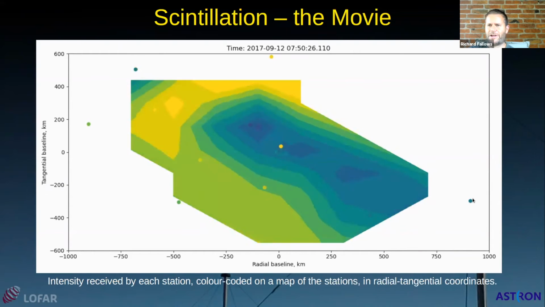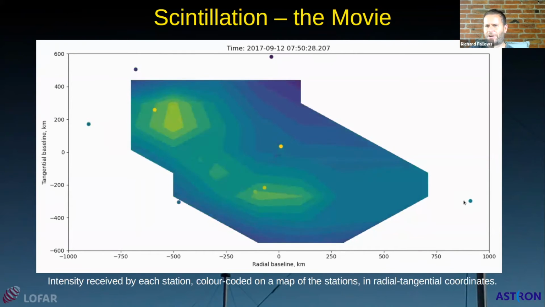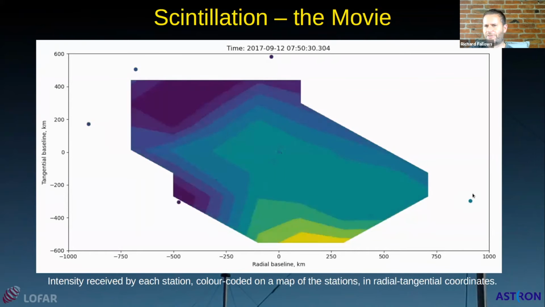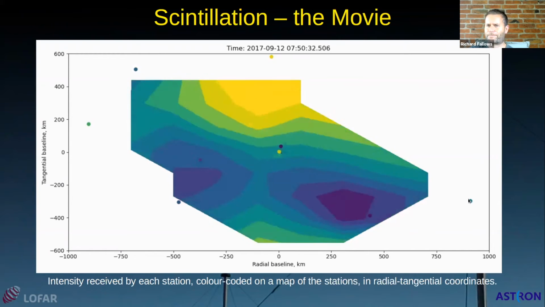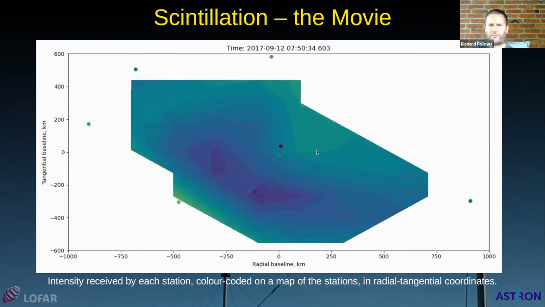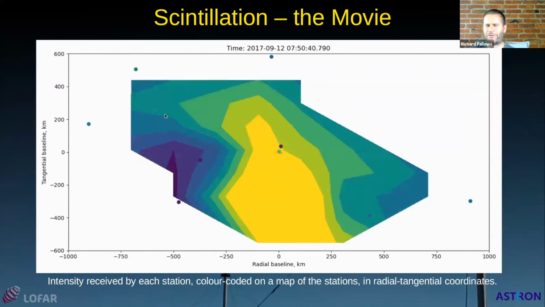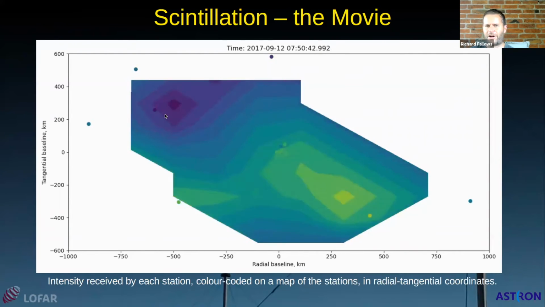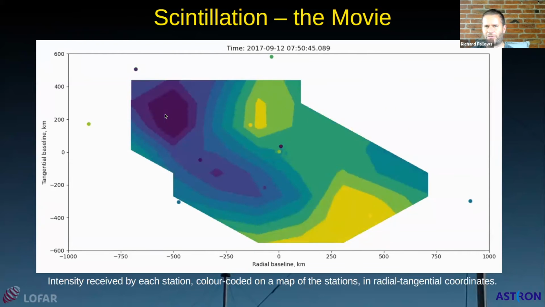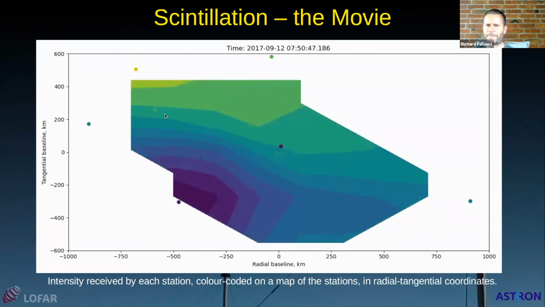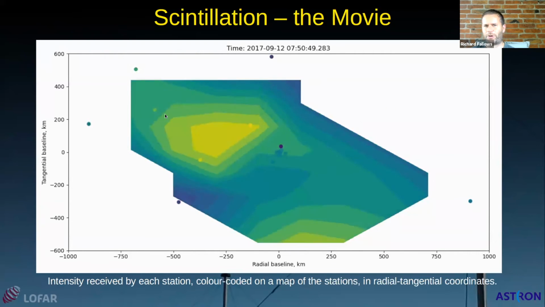Each of these dots is simply colored by the intensity received with time. So what we're effectively looking at here is basically just the blobs of the scintillation pattern itself flowing across the entirety of the LOFAR array. And you can see it's quite blobby structure.